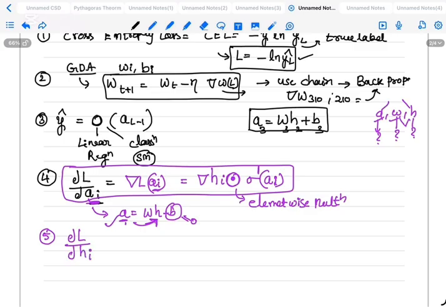If we differentiate with respect to H, they are asking H in terms of A and W. So that is W transpose of index i plus 1 times delta A_(i+1).